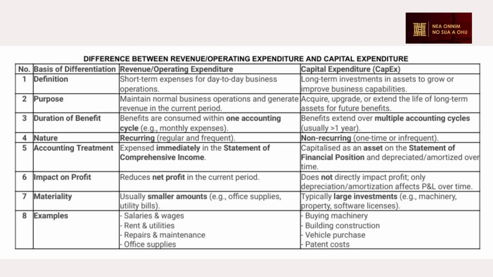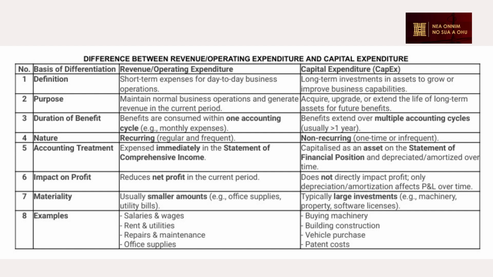They tend to be small, immaterial amounts relative to the entire performance of the business. However, when it comes to capital expenditure, these tend to be material amounts. For instance, expenditure incurred on the purchase of a vehicle, or construction of a building, or the setup of a plant. These tend to be material expenditure, right?